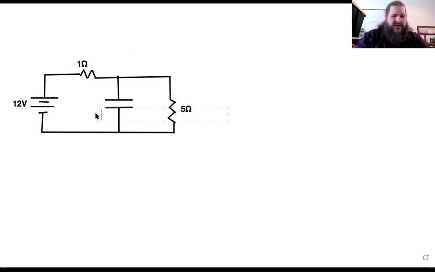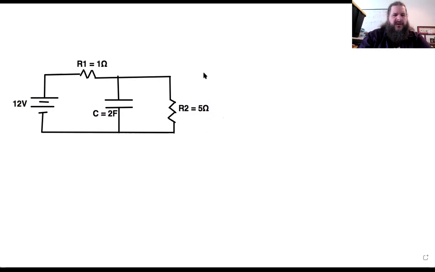And this capacitor has capacitance 2 farads. I should probably label those resistances also. Let's call that R1 and R2. And let's assume the capacitor starts off empty.